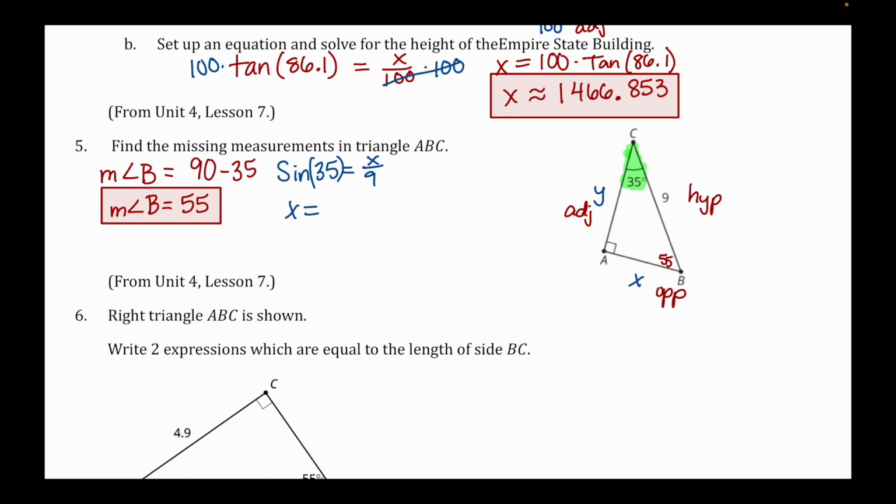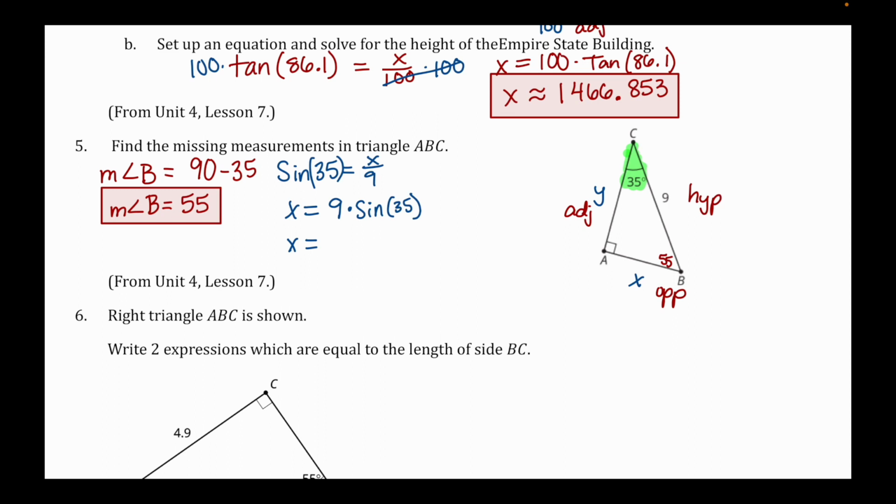And so X is going to be 9 times the sine of 35, which means I'm going to plug that in my calculator here. Nine times sine of 35.